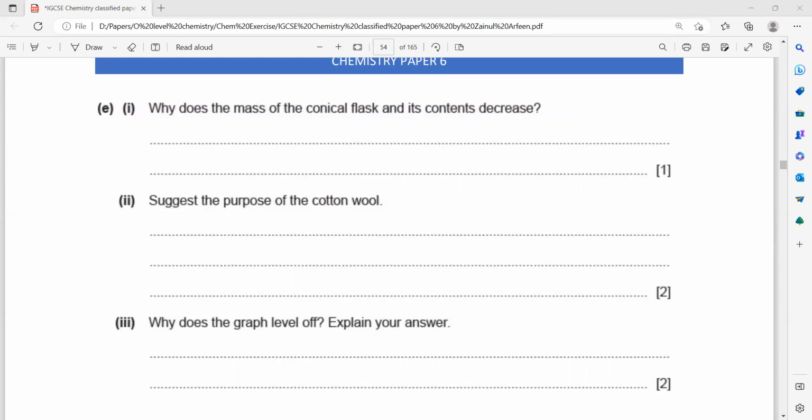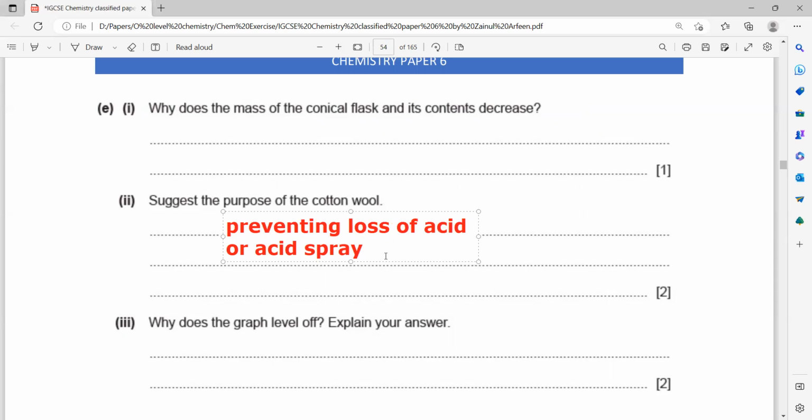Just mention preventing loss of acid, and after mentioning that, then you can say it allows the gas or carbon dioxide to escape.